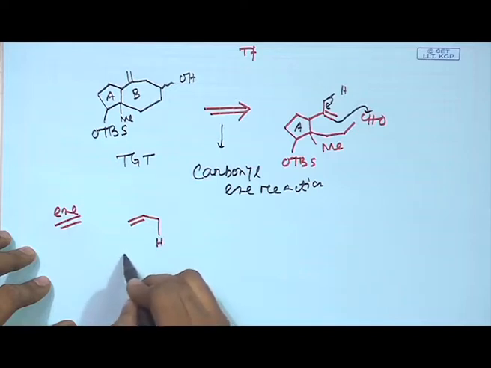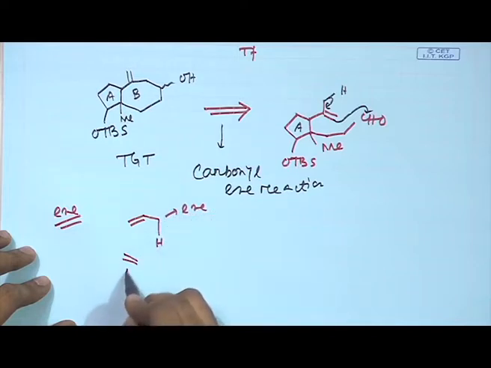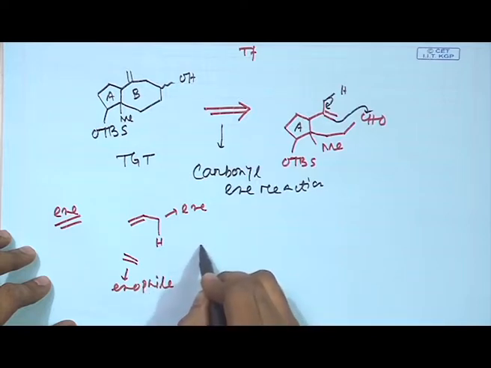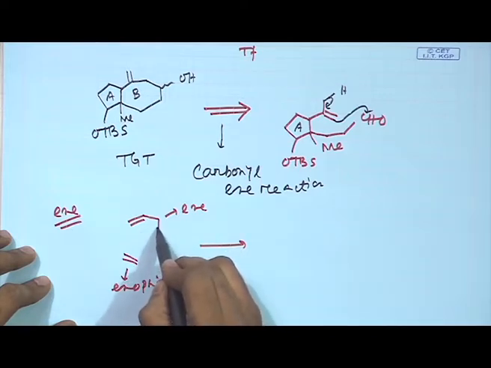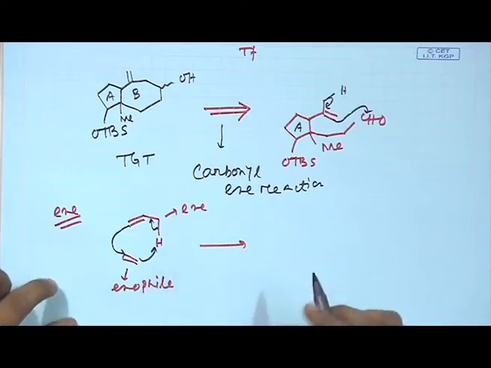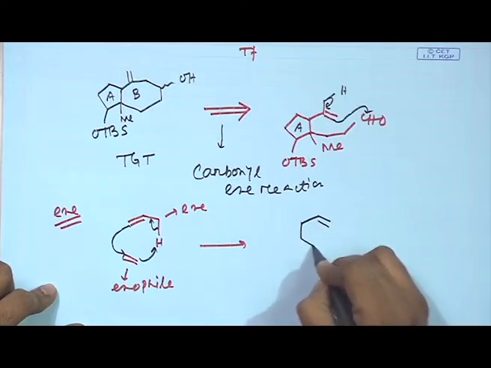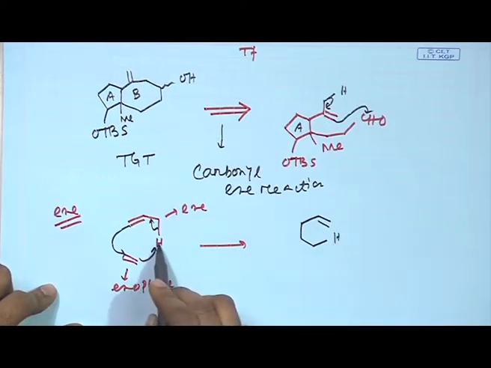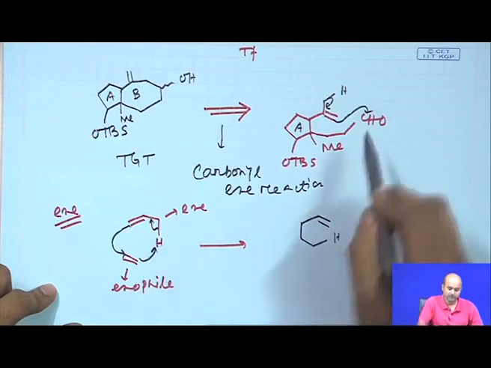This is called the ene, and this compound is called the enophile, similar to diene and dienophile. So, this hydrogen which was here has now been shifted to this end.